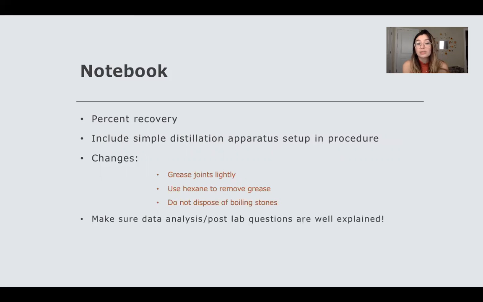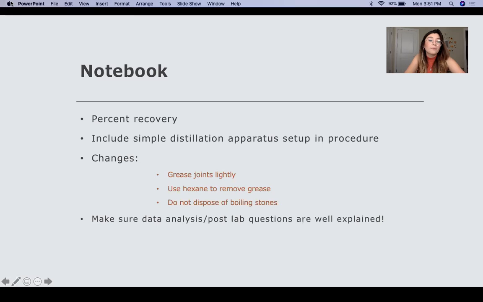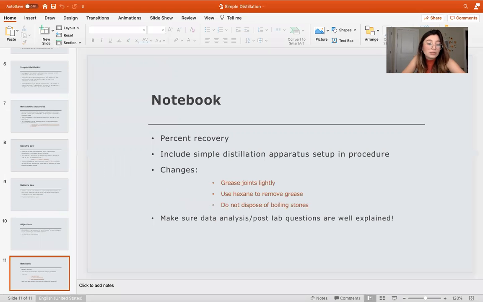Changes for your experiment. This pertains to group C more than anything, because you guys definitely don't come into lab. Well, actually every lab, I'm sorry, because this is an online lab. So make sure everybody adds these changes to their lab. You will grease the joint slightly. Use hexane to remove the grease. Now this grease is used when we are setting up. Let me show you guys.